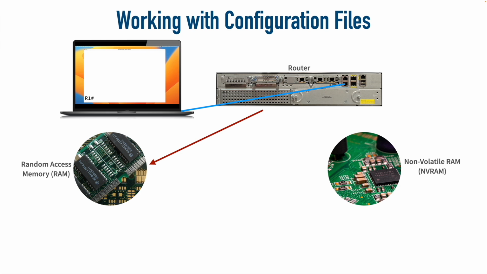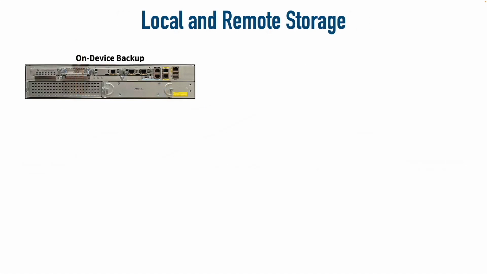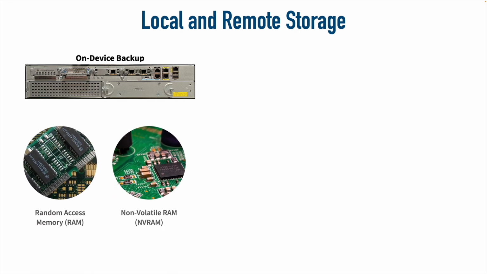And if we want to copy our running config to our startup config, all we have to do is say copy run star. That's going to copy our configuration over to non-volatile RAM. So on the device itself, if we want to back up our configuration so that it survives a reboot, remember we have two storage locations. We have RAM, that's where our running config lives, and we have NVRAM, where our startup config lives.